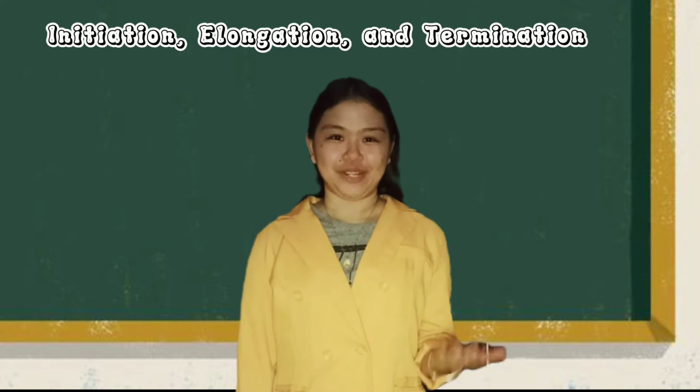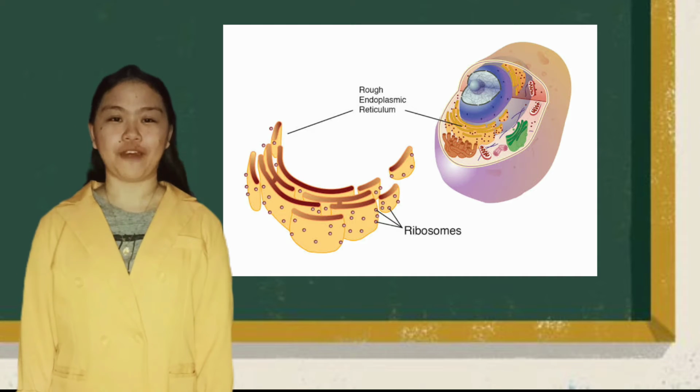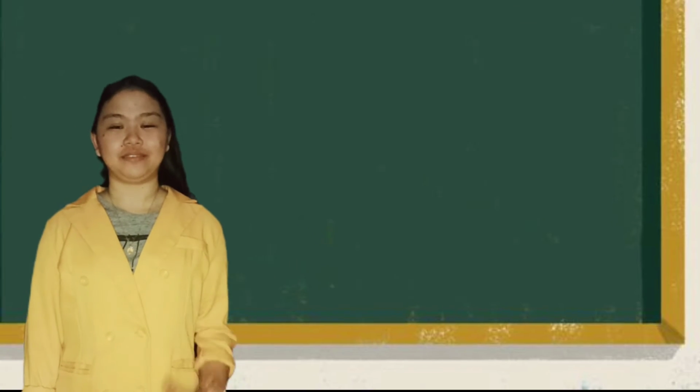It includes three steps: initiation, elongation, and termination. After the RNA is processed, it carries the instructions to a ribosome in the cytoplasm. Translation occurs at the ribosome, which consists of RNA and proteins.